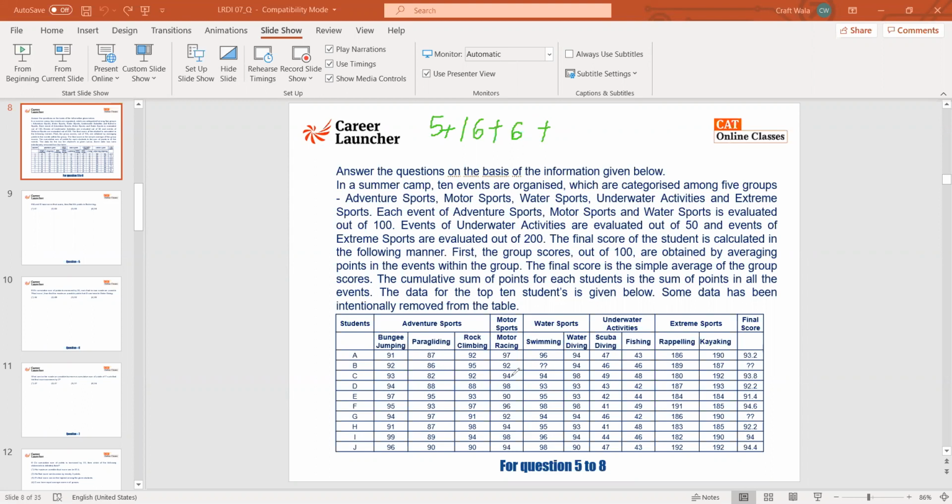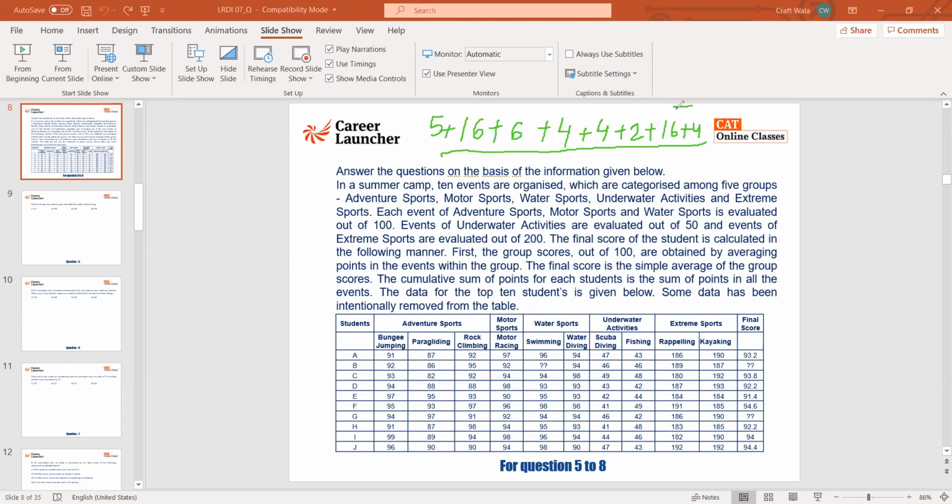To make this 98, you will require a 4. Water sports 98, swimming needs another 4. Scuba diving is already 98. Scuba 49 into 2 is already 98. For fishing, I need another 2. For this to be 98, I need 16 and 4. So this many points are required.